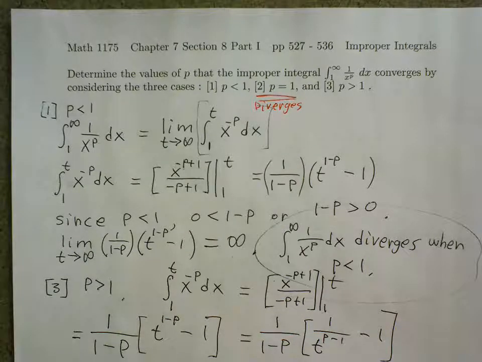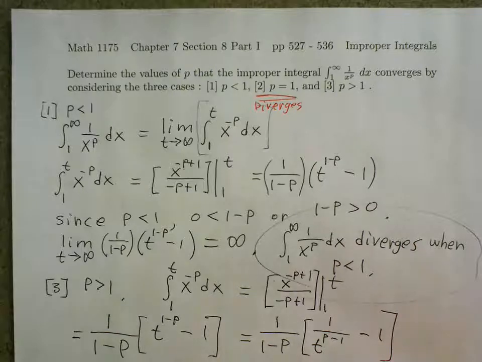So in this denominator, t has a positive exponent. And so as t approaches infinity, 1 over that t to the p minus 1 approaches 0. So this limit is equal to 1 over 1 minus p times the quantity 0 minus 1.